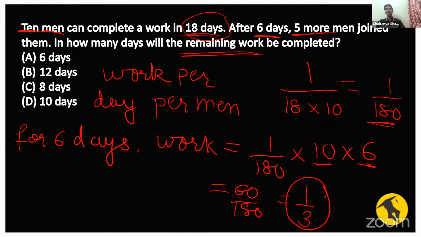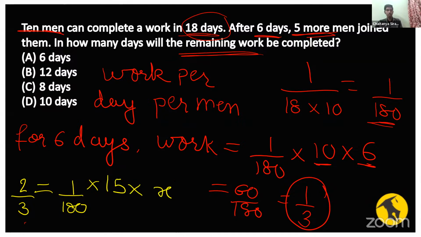Now I hire 5 more men. So how much work is remaining? Two-third, because that's the work remaining, right? Two-third work has to be equal to efficiency into number of men, here 15, into number of days, which I don't know in this case, which is X, and which is exactly what I have been asked: in how many days will the remaining work be completed?